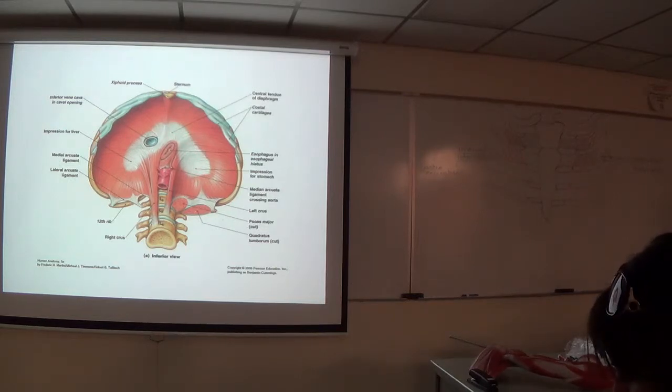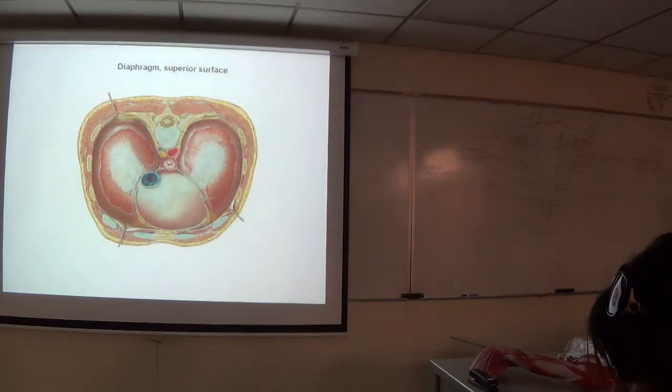There's an opening for the inferior vena cava, one for the esophagus, looking down on the top. This is where the heart would sit, and here's the central tendon. So the fibers have their origin and pass medially into the central tendon. So it's very domed, and when it contracts, it flattens out.